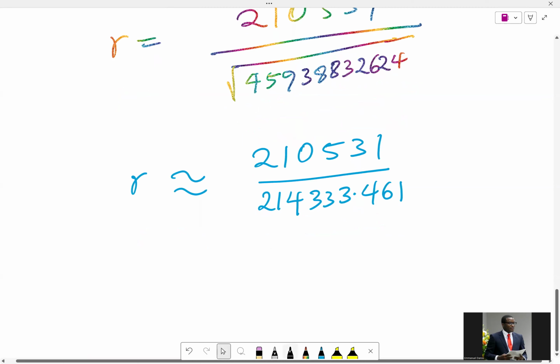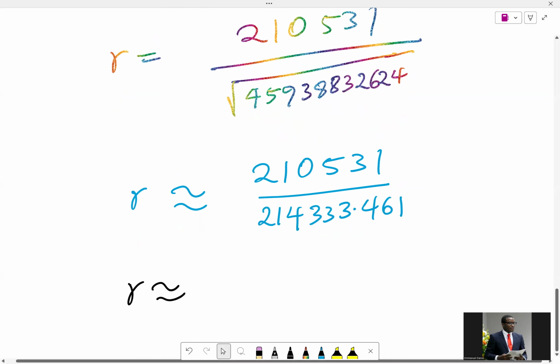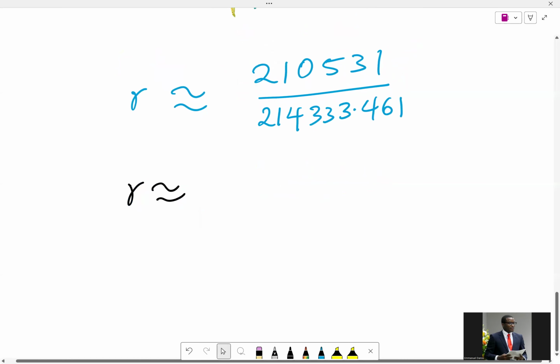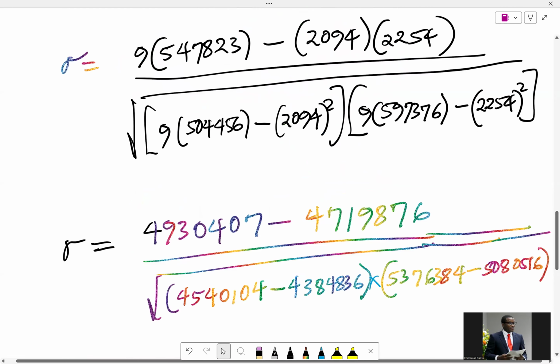So R is approximately 210,531 divided by 214,333.461, which is 0.9823. So finally we are there.